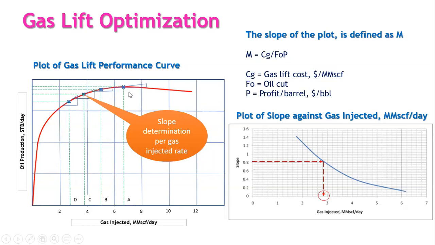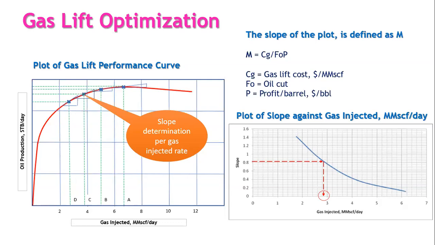Again, this is at least 4 or 5 points. So the slope of the plot here is defined as M, which is a function of the gas lift cost, the oil cut, and the profit per barrel. So this is an economic evaluation, which is something that the managers should be looking for. This is based on economics.